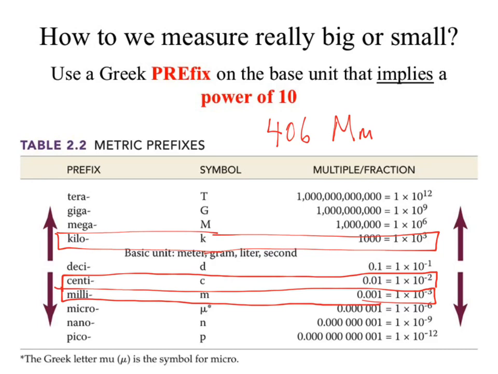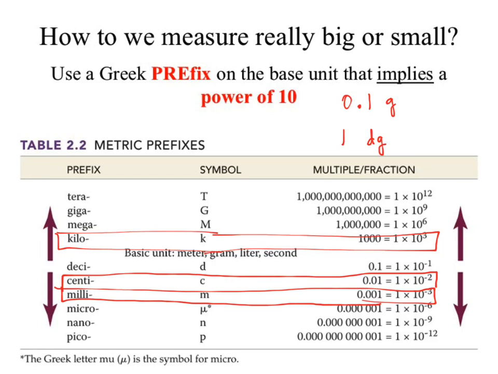So which is easier to write? If I take a measurement, let's take an example here. I have 0.1 grams, or I have 1 decigram.